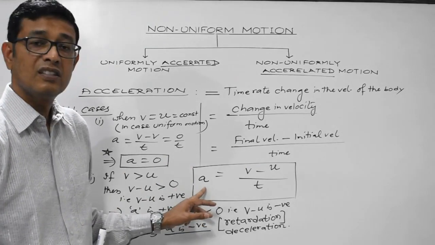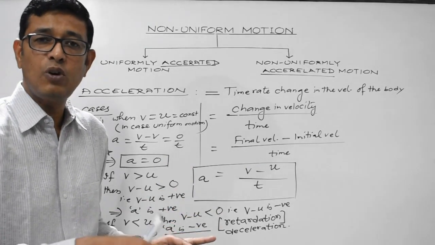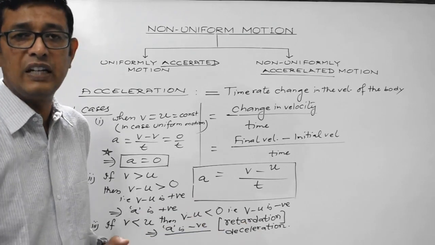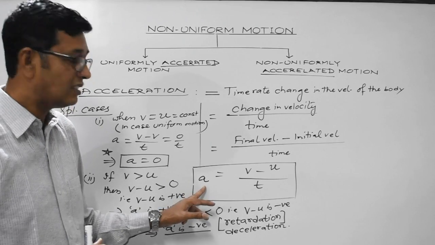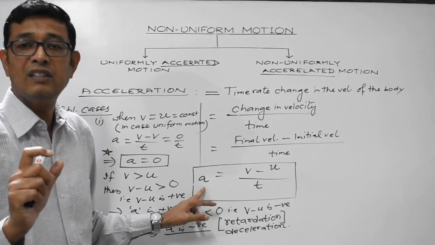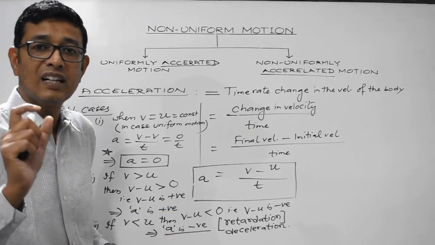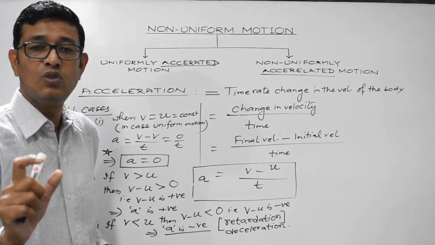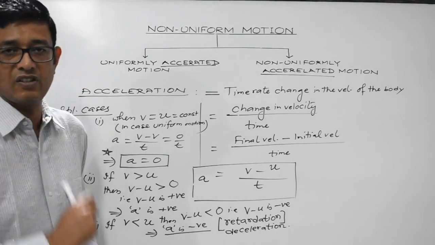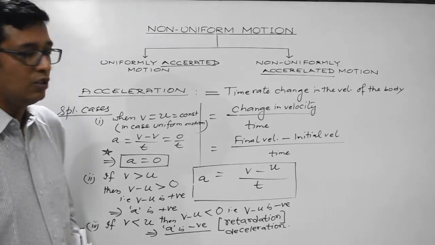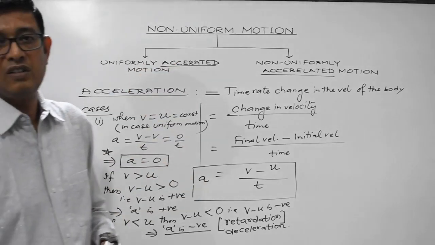So in this case, the velocity of the body will keep on decreasing and finally the body can come to rest. So when A is negative, it is known as the case of retardation or deceleration. Right? So this was about acceleration.